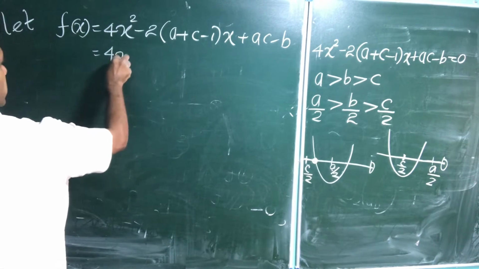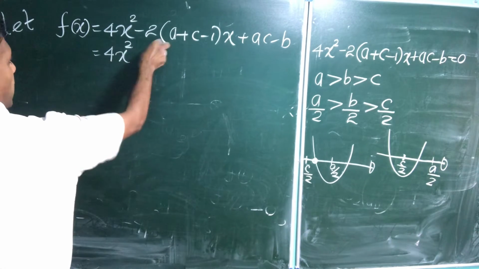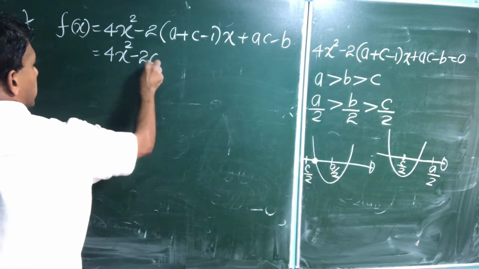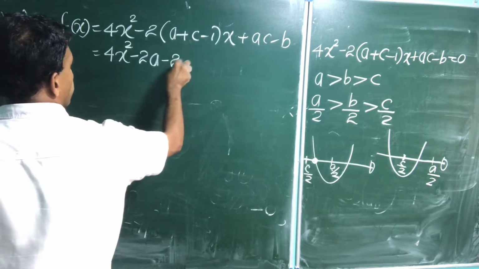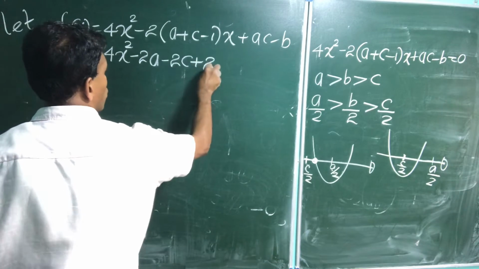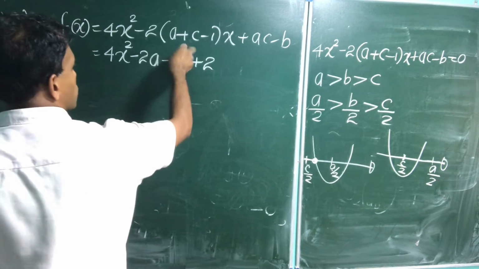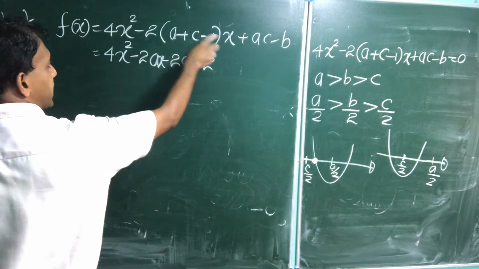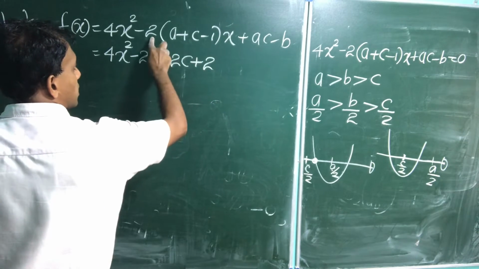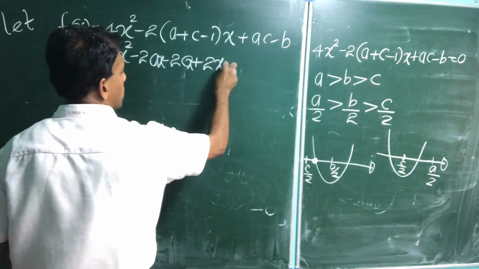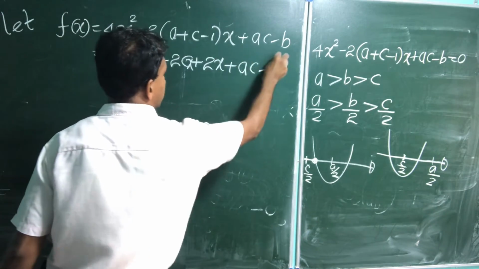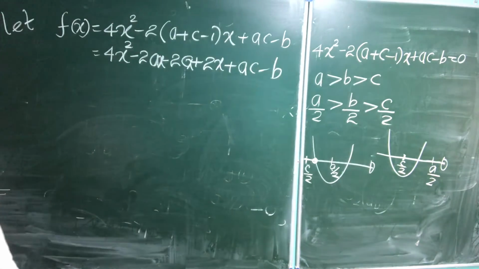4x square minus 2a minus 2c plus 2, everything x, 2x minus 2cx plus 2x, right? Plus ac minus b, or some terms in terms of x. Also we have the constant part.